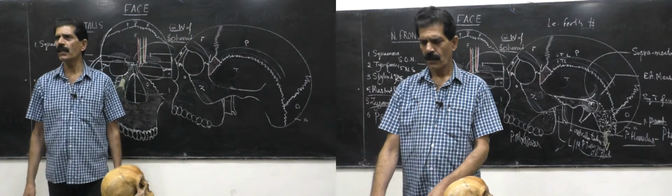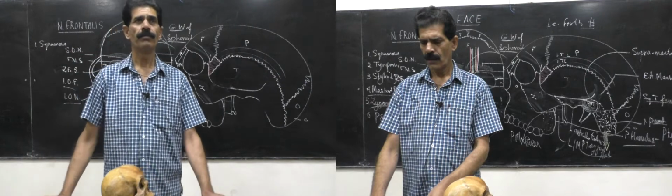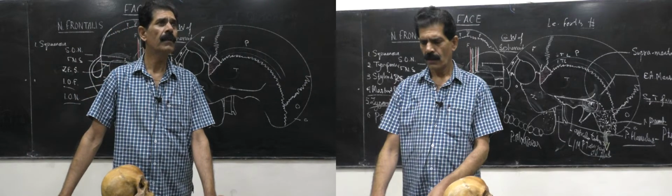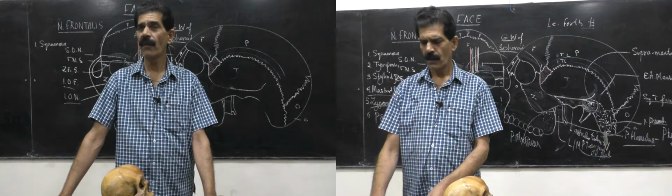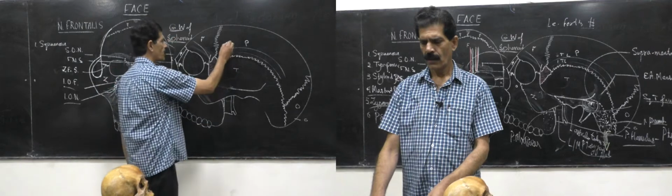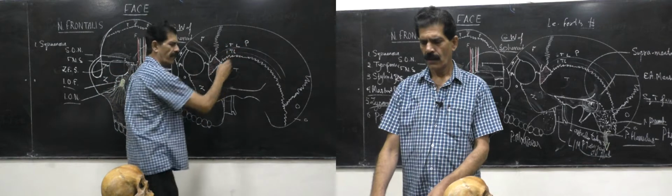They are called the superior and the inferior temporal lines. Note it: they are called temporal lines, but they are present on the parietal bone. Never mark them on the temporal bone. So the upper one is called the superior temporal line, and the lower, the inferior temporal line.